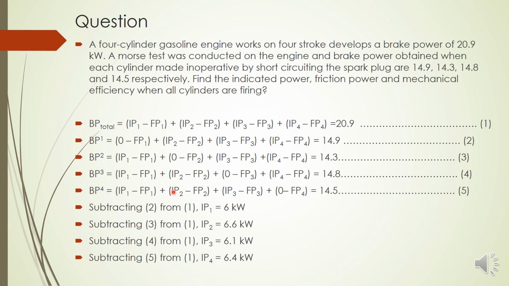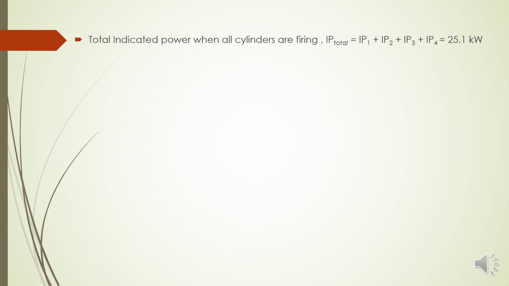Like this you can find the indicated power of all the cylinders, just by subtracting each equation from the first equation. Now what will be our next step? If you add all these, you will get the total indicated power of the 4 cylinders. So in the next step, you just add IP1, IP2, IP3 and IP4. The total indicated power is 25.1 kilowatt.